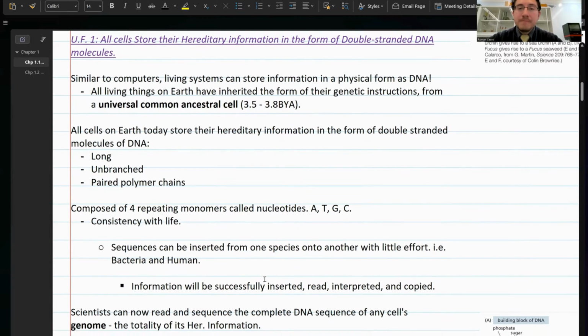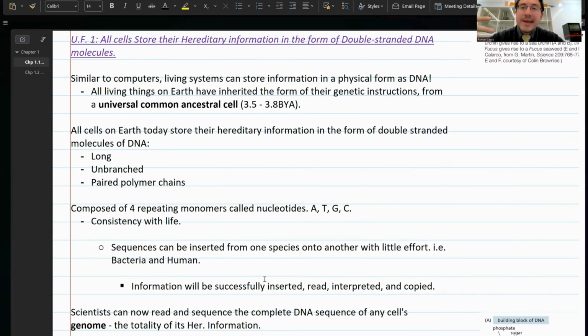Okay. So there's an analogy that the book gives, of course, similar to computers, right? That we store information as bytes. And in living systems, we can also store information in some physical form, which is DNA.